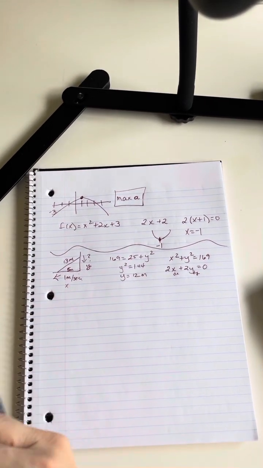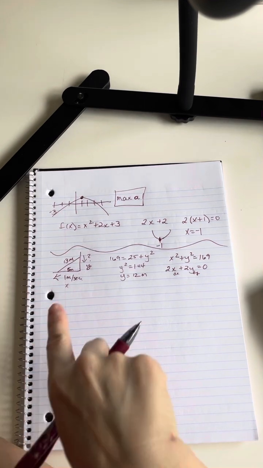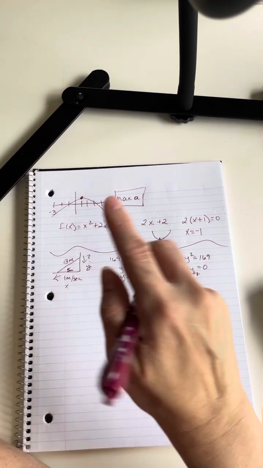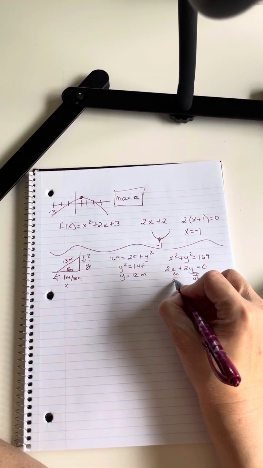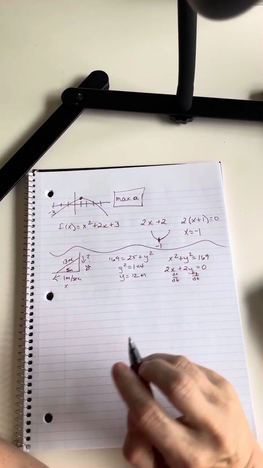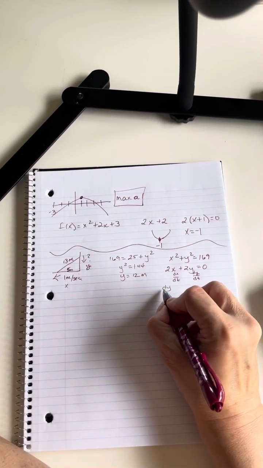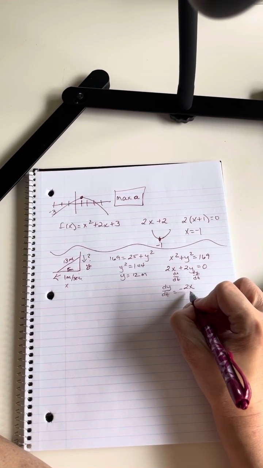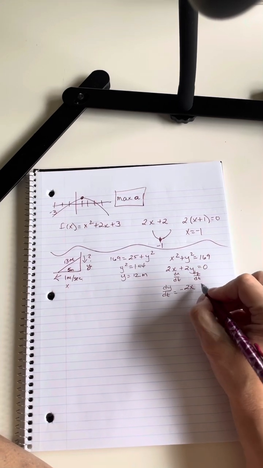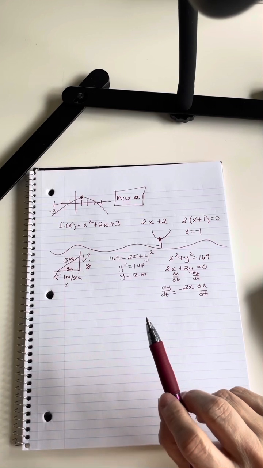So that needs to be solving for dy over something. And because we're dealing with time, here's my clue, what I actually want to solve for is dy over dt. So they're both over dt because I need time in this equation. So now to solve for dy over dt, we have negative 2x dx over dt.